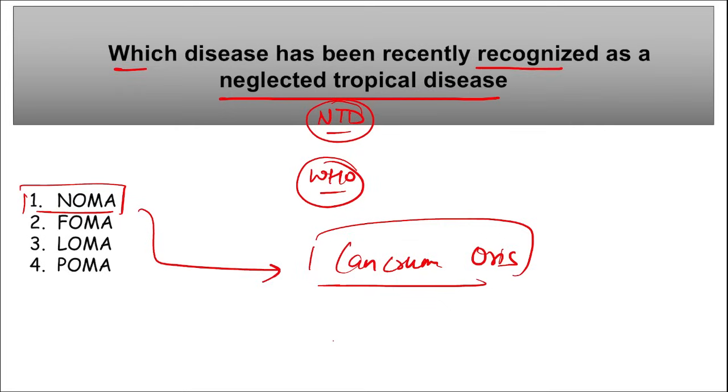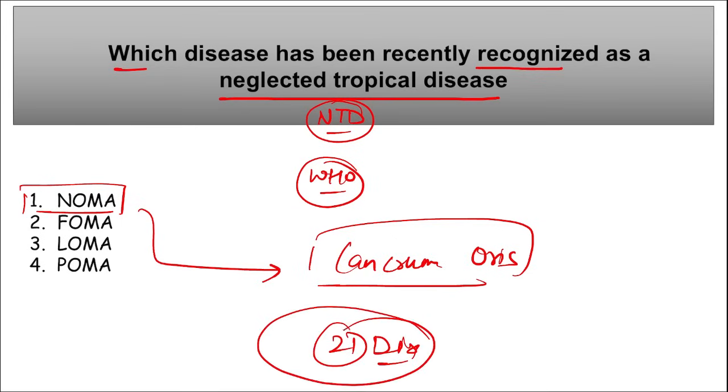With this inclusion of Noma in the neglected tropical disease list of WHO, it has a total of 21 diseases or groups of diseases in this list. 21 diseases are there now. Next thing, remember, it is WHO that has recognized it as a neglected tropical disease, but the initiative for this was started by which government?